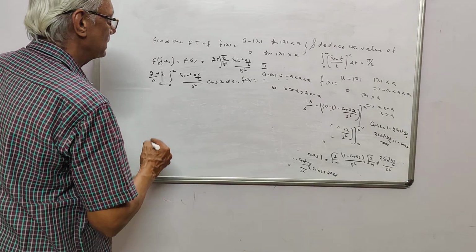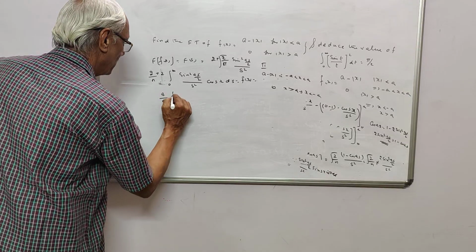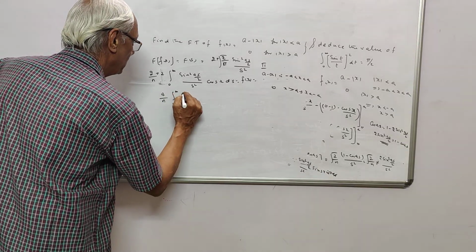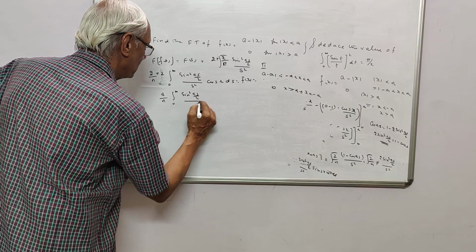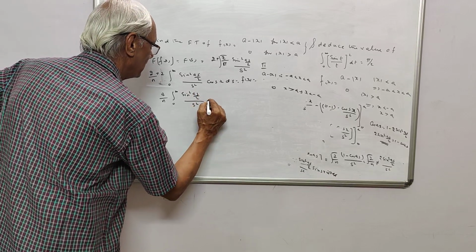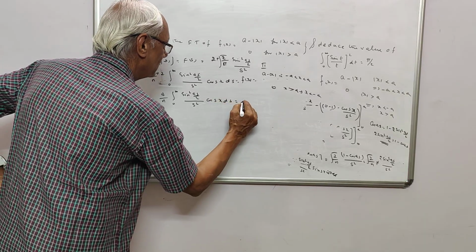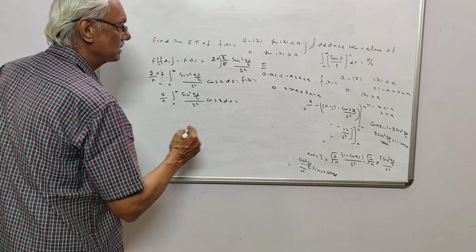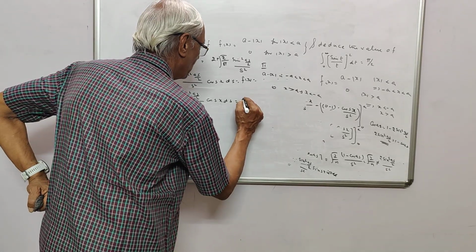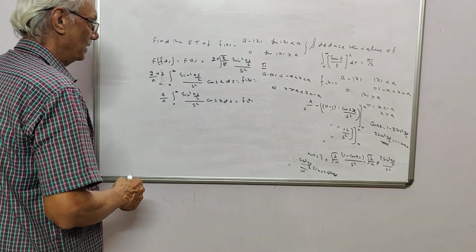So let me take, this is what you will get here: 4 by pi, 0 to infinity, sine squared as by 2 divided by s squared into cos sx into ds is equal to f of x. You can take this one.